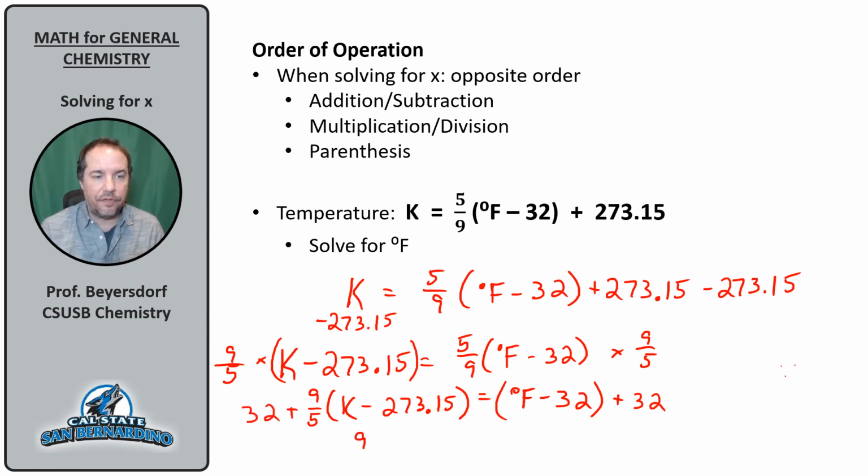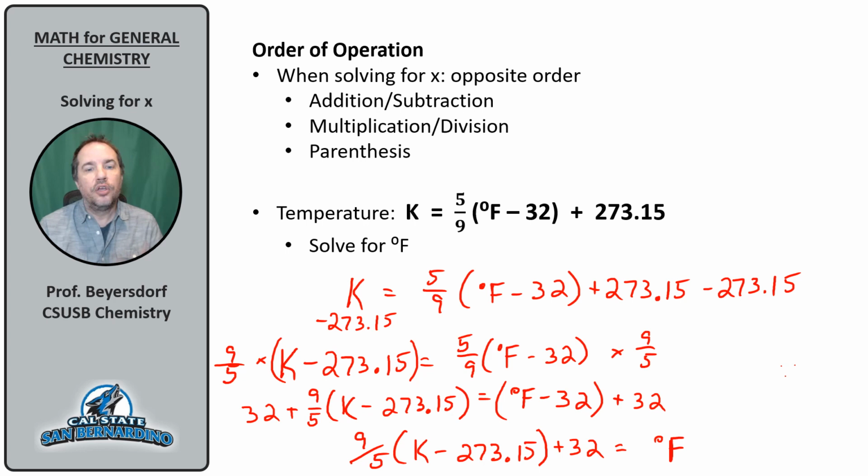So I'd get 9/5 in parentheses Kelvin minus 273.15 plus 32, and that's going to be equal to my degrees Fahrenheit. So this would be the case if I had a calculation and I get Kelvin, and I want to know what temperature that is in everyday life, at least here in the United States.